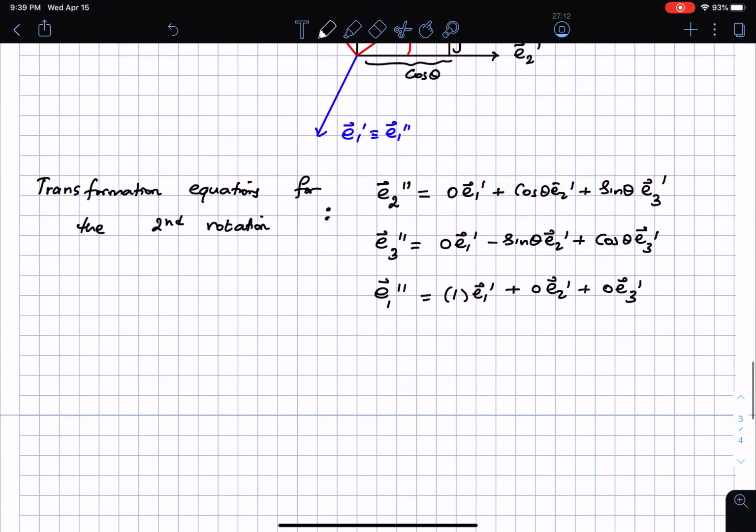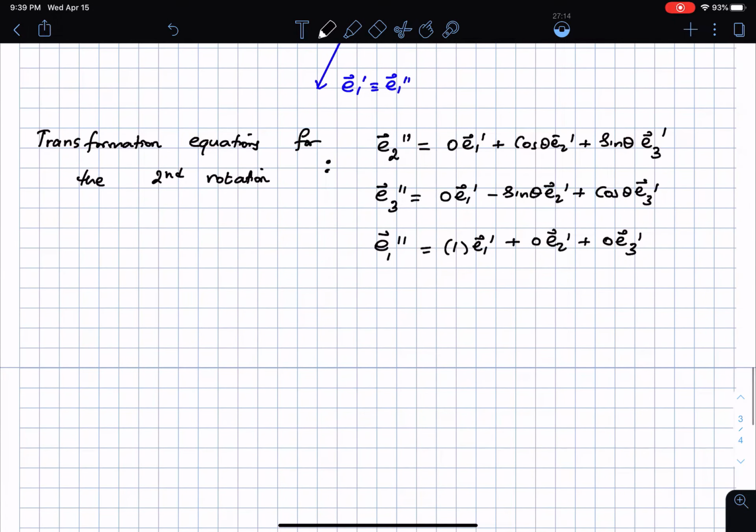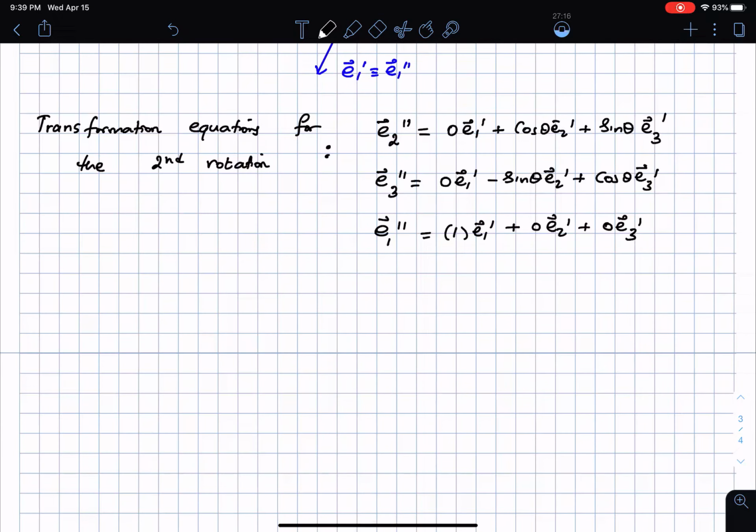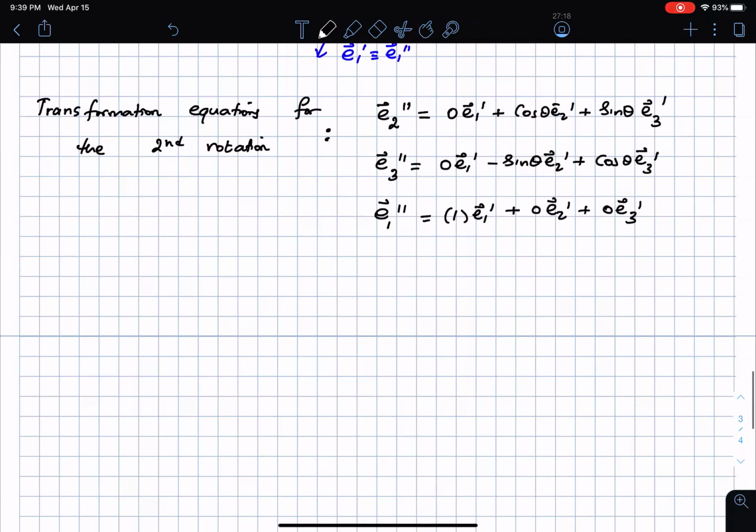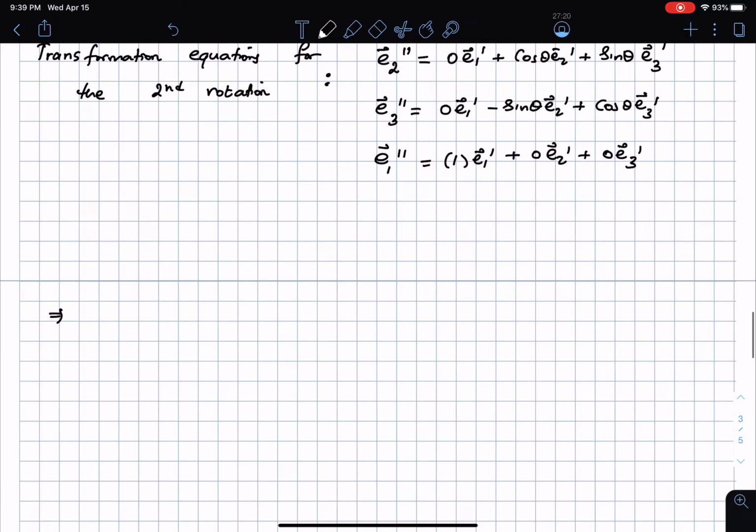All right, which means that if I now write this as a matrix, to write the rotations in the matrix form, I'm going to have the following: E1 double prime, E2 double prime, E3 double prime is equal to the following matrix, which is called the rotation matrix here.